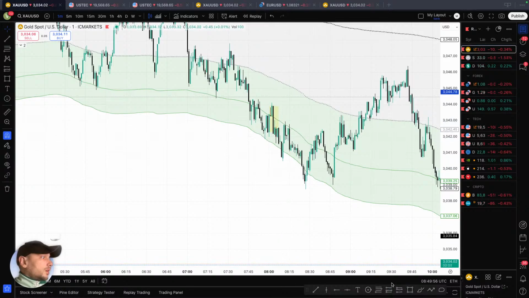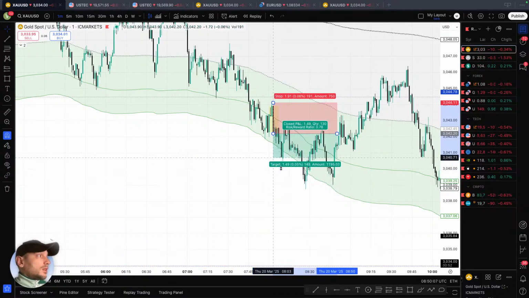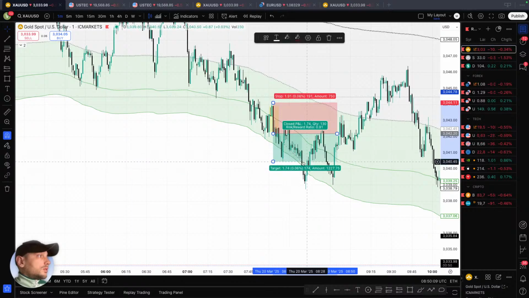So we see a break here, and I went short right here, stop loss on those highs, and you can see beautiful 1.79, but we went out on these lows on 1 hour right here.